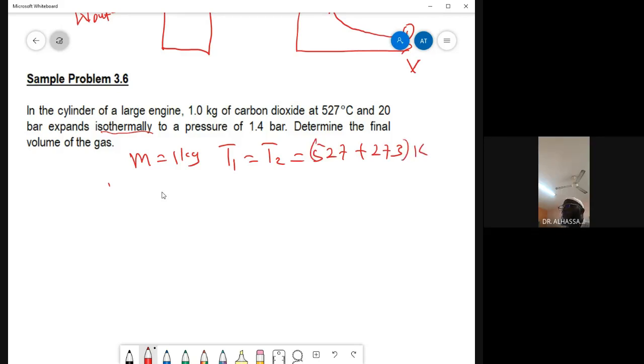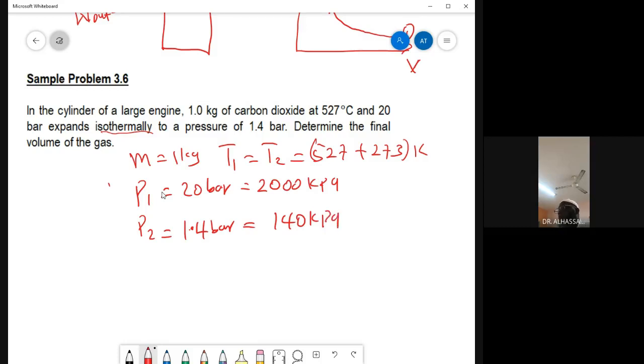And then P1 equals 20 bar, which equals 2,000 kilopascal. And then P2 equals 1.4 bar, which is the same as 140 kilopascal. Want to determine the final volume.